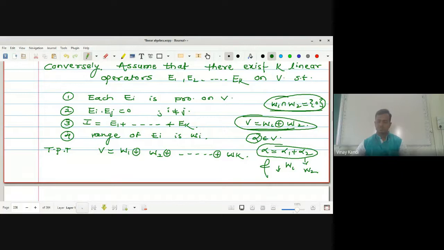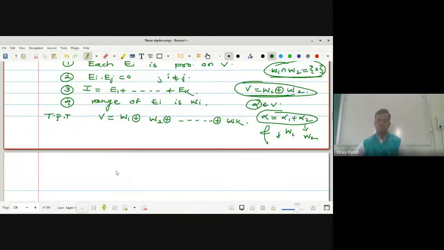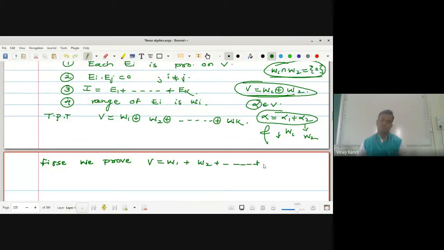So first we are going to prove V is equal to W1 plus W2 plus up to Wk.